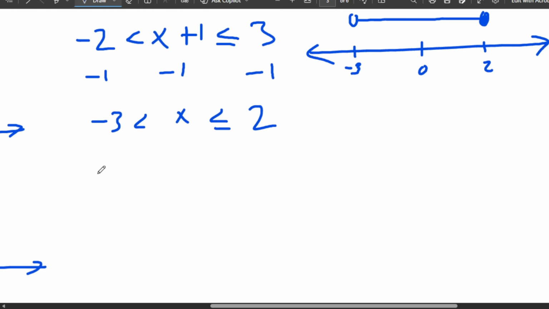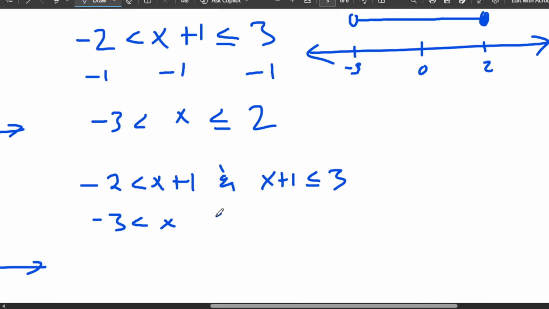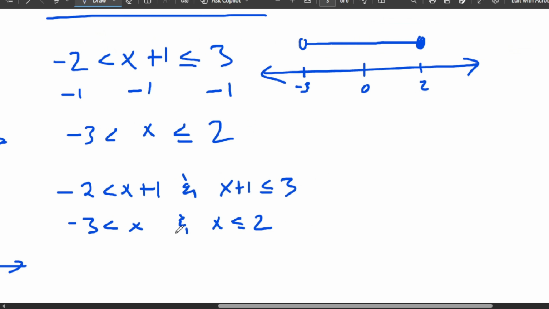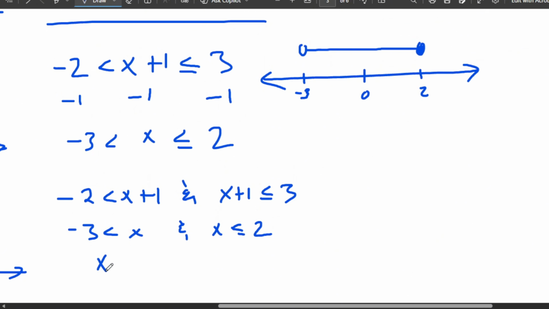Again, if we split it, let's say -2 is less than x plus 1, and also, this is called and, x plus 1 is less than or equal to 3. So -3 is less than x, and x is less than or equal to 2. -3 is less than x means x must be greater than -3.